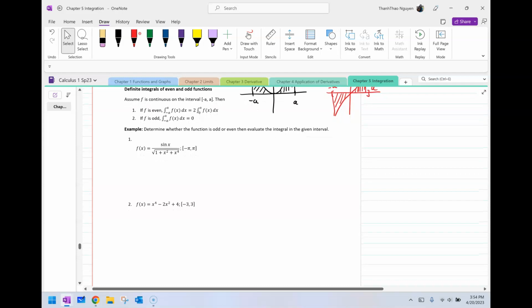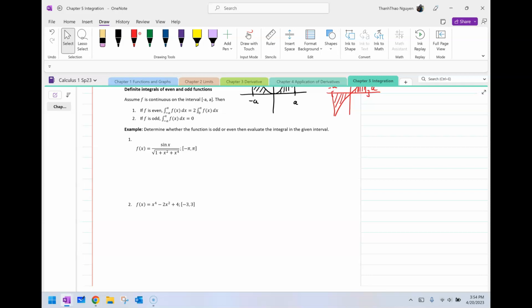Determine whether the function is odd or even, then evaluate the integral in the given interval. So let's take a look at the first one. f of x equals sine of x divided by root of 1 plus x squared plus x to the 4th.